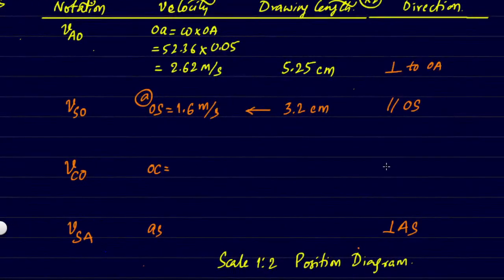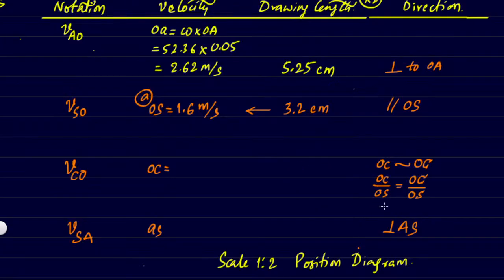Small oc should be taken proportional to capital OC, which means small oc by OS should be equal to capital OC divided by capital OS. So this relation we'll have to use to find the length oc.